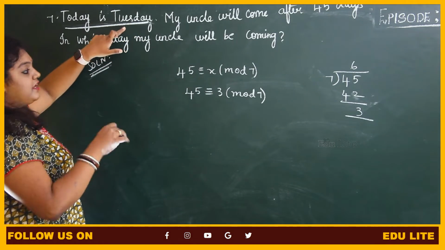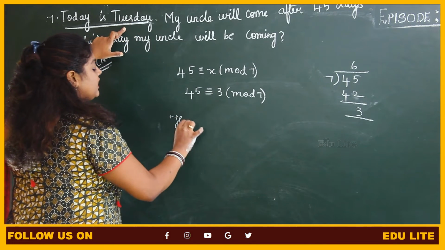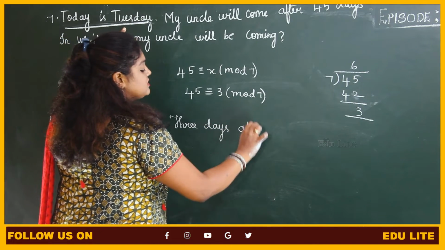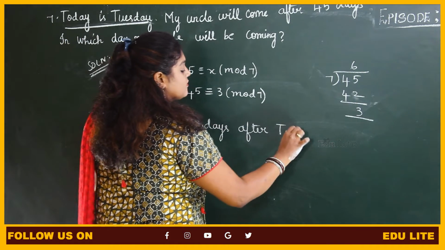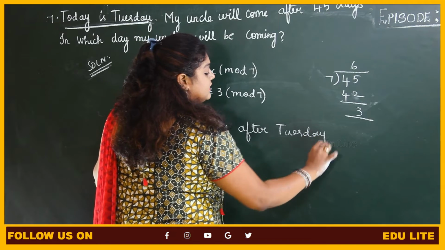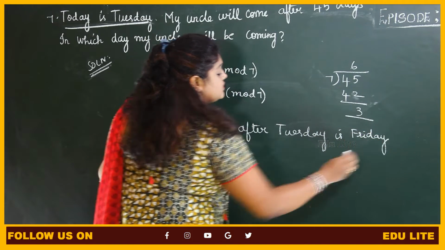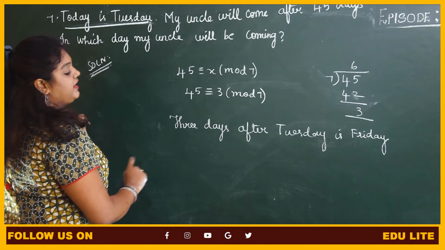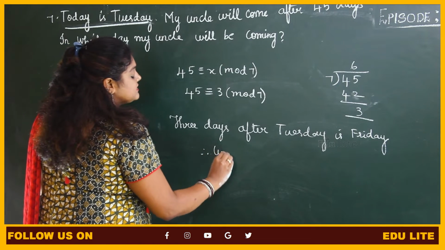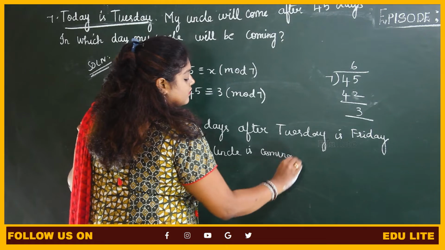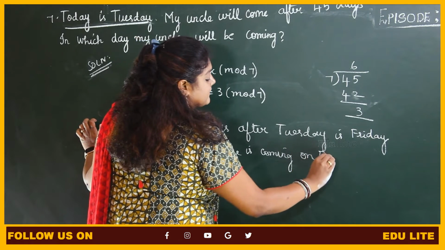So 3 days after Tuesday is Friday: Tuesday, Wednesday, Thursday, Friday. So the uncle is coming on Friday.